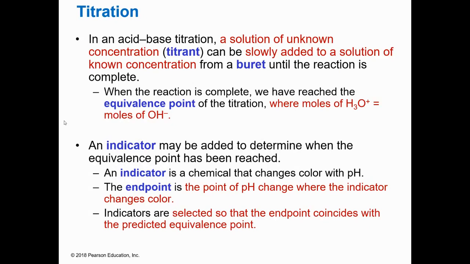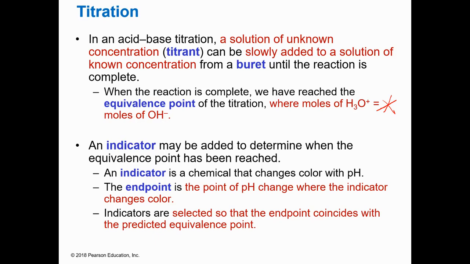Okay, the equivalence point, this is super important. Hopefully you talked about it in chapter 8 in Chem 1, but if not, it's okay. So the equivalence point is where your moles of acid are equal to your moles of base. And an indicator is normally how we visually see it. So indicators change color with pH. And so when that happens, you can see that our pH changed enough.